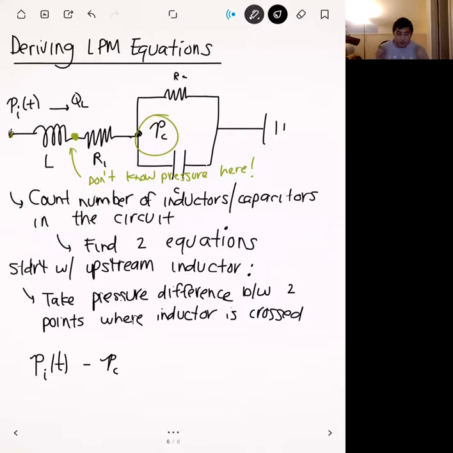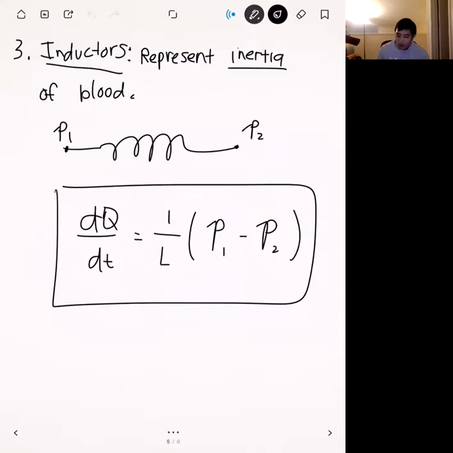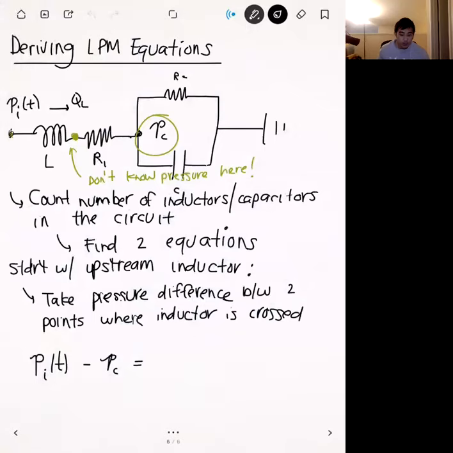If we take the pressure difference between PI and PC, the inductor is included on this path, but we're also going to pick up that resistor as well. By taking the pressure difference between these 2 points, we're going to adjust for, or pick up, all the circuit elements that we go over. The first thing that we're going to cross here is the inductor.